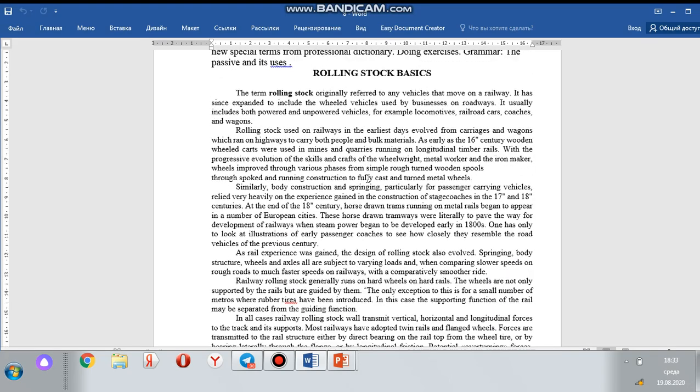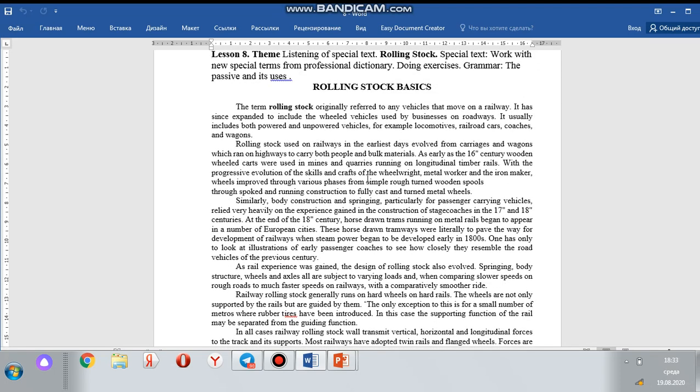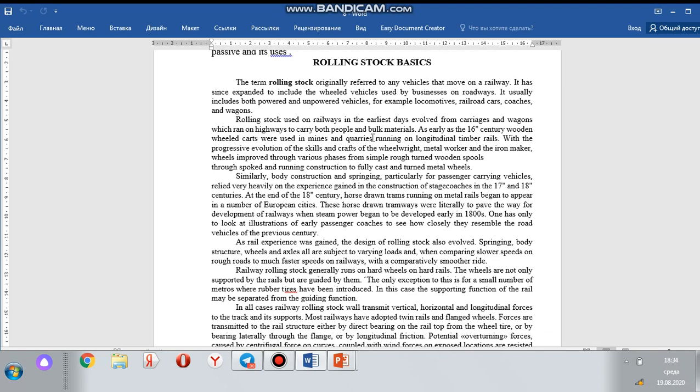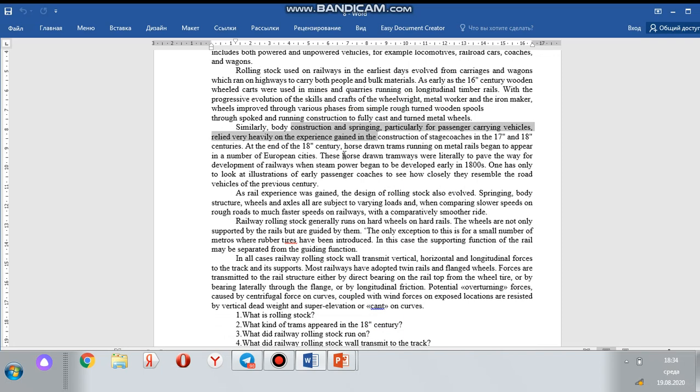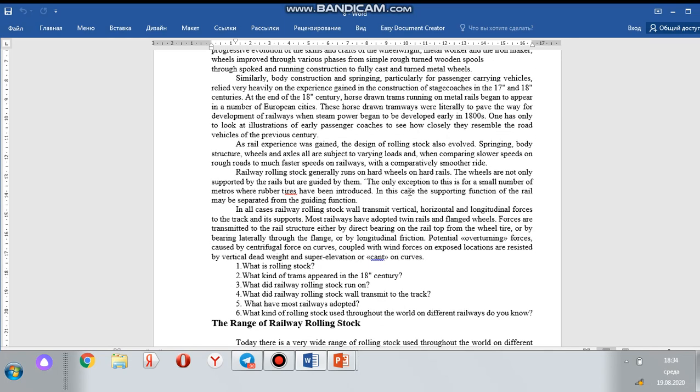Our text consists of some extracts, and in the first extract you will get acquainted with the rolling stock itself, and the second extract tells us about the history of rolling stock, and then the third extract also tells us the rolling stock basics, what it looked like in the 17th, 18th centuries, and other extracts also give us information about the rolling stocks.